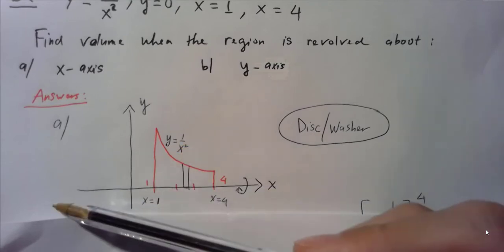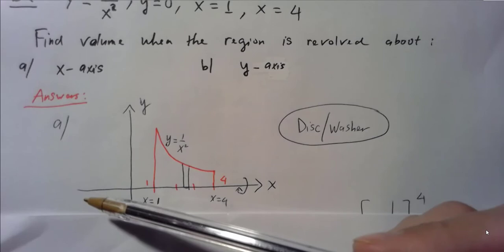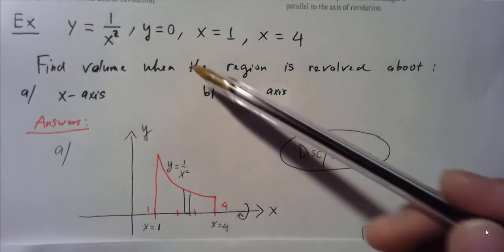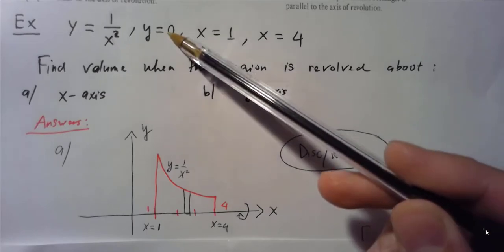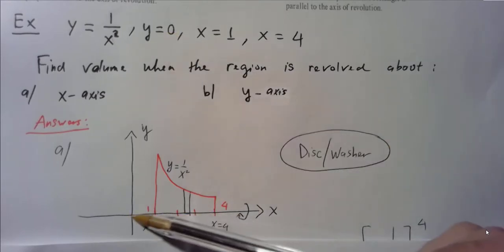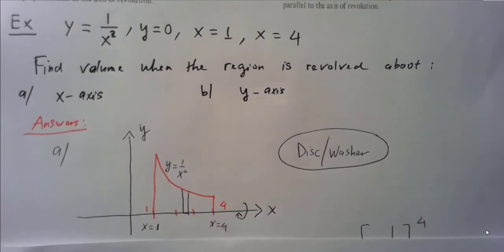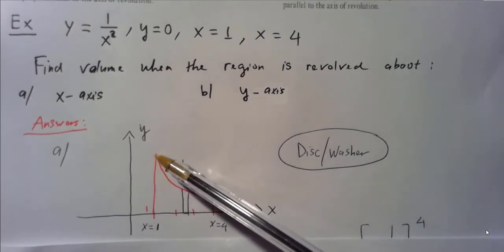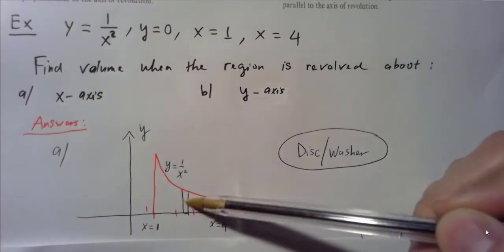I don't have to draw the curve down here, though it should be down here too, because we only consider the plane region that is bounded by this curve and y equals 0, which is the first quadrant, and then x equals 1, x equals 4. So x equals 1 is this vertical line, x equals 4 is this vertical line, y equals 0 is just the x-axis, and then this curve. That's why this is the region.